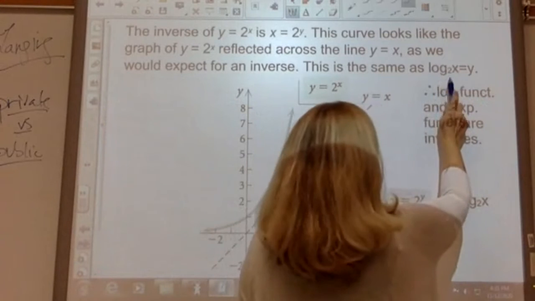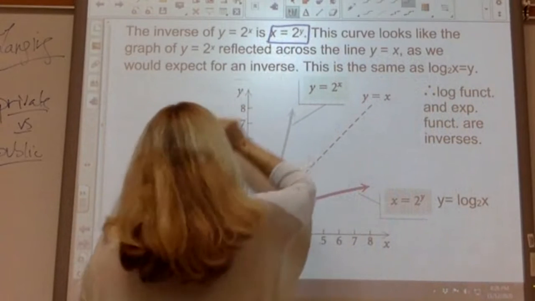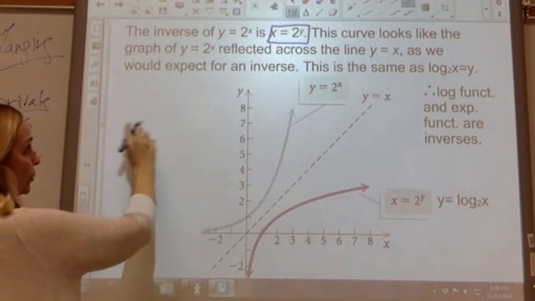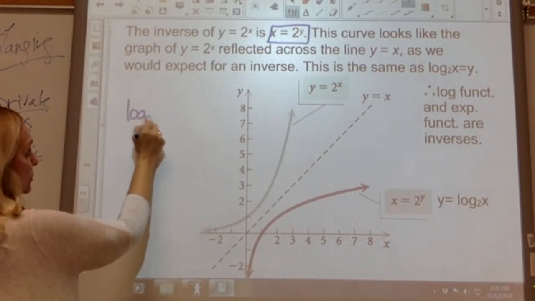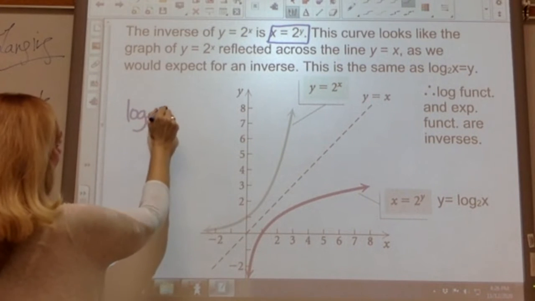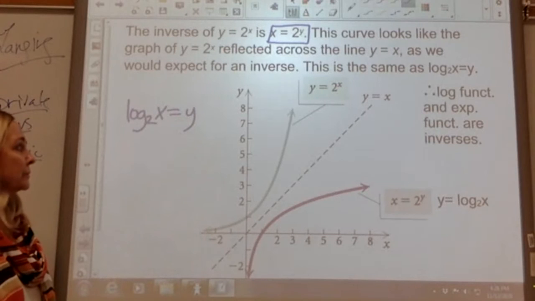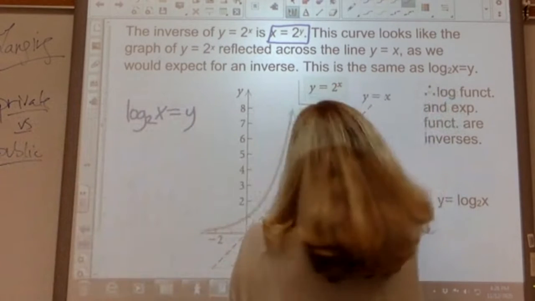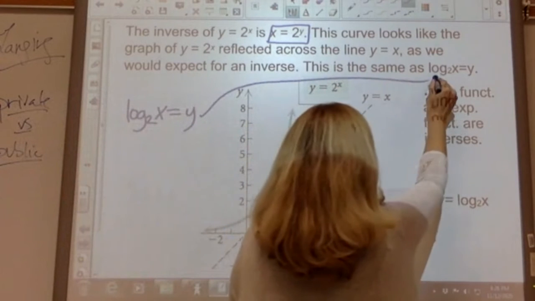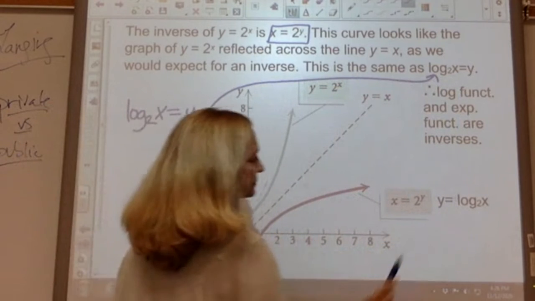This is supposed to say, if I take this and I rewrite it in log form, it's going to be log base 2 of x equals y, and that's what I would put in the calculator. Okay, so that is what this should say right here. So this should go here, and then it should be what's here.